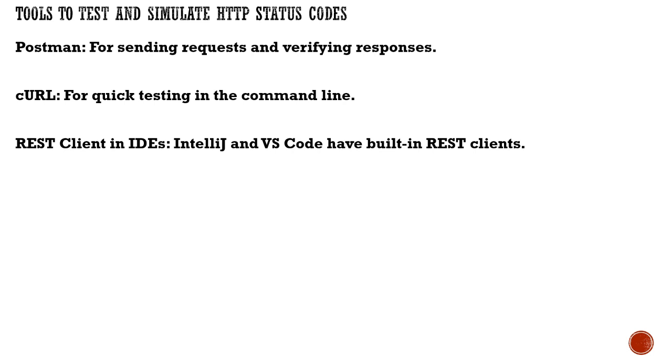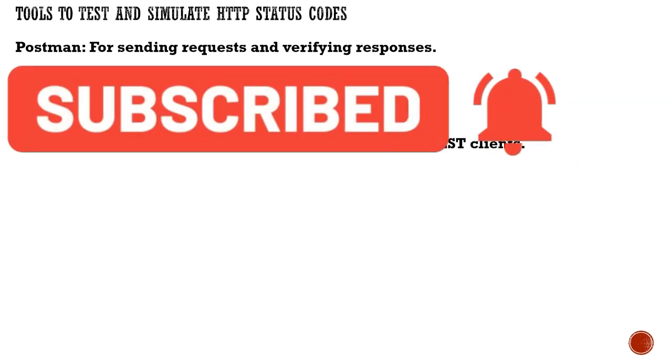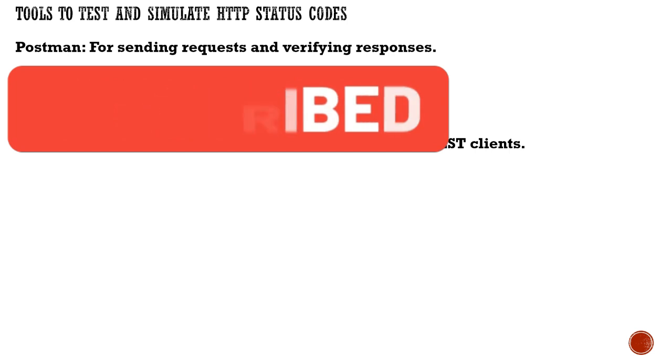There are ways you can include the header, you can add the authorization data, you can add security-related information, you can handle n number of things in Postman, right? It will act as a client where you will be able to process that request, right? And curl, basically this is used for quick testing in the command line interface only, right? So this is where we make use of it.